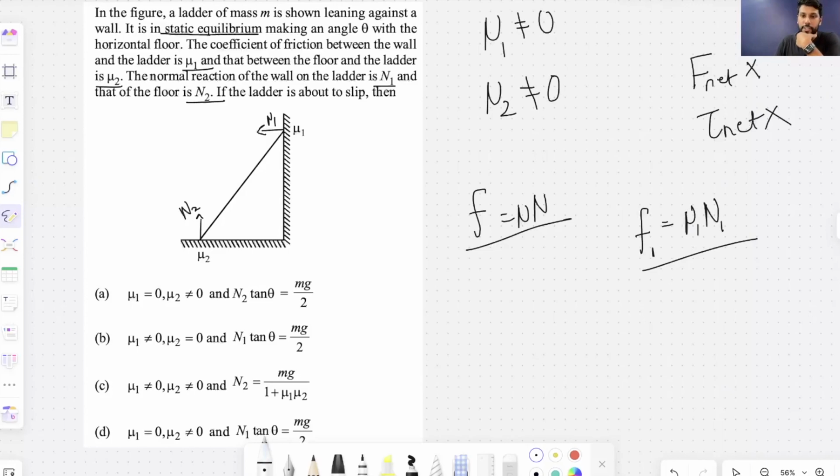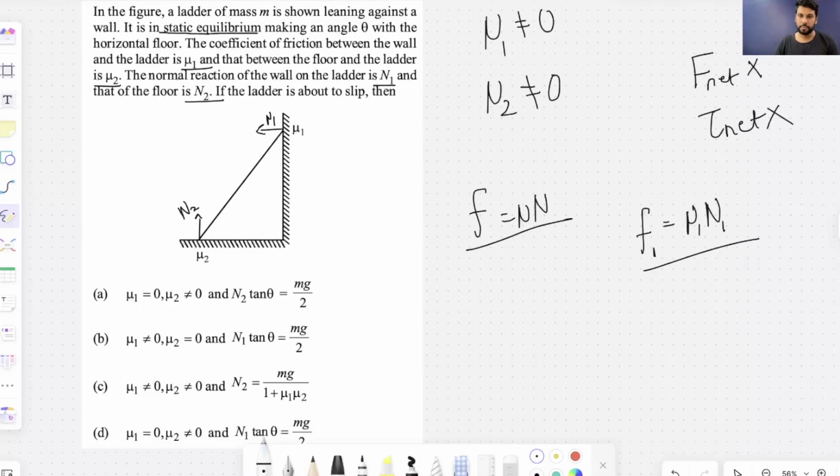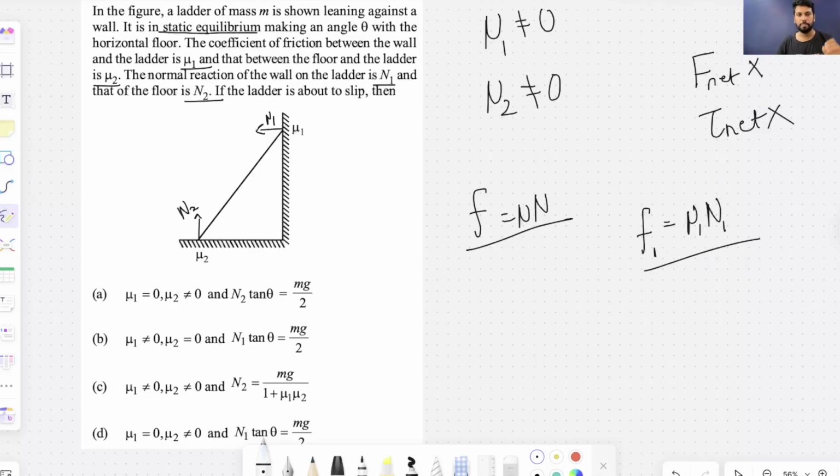The formula is self-explanatory. There is no confusion in the formula. F1 is equal to mu1 into N1. Now, finding the magnitude is not just enough. I need to find out which direction it goes in. Yes, force has a magnitude and direction. I got my magnitude, but where is the direction? Because without the direction, this mechanics problem will not be solved.